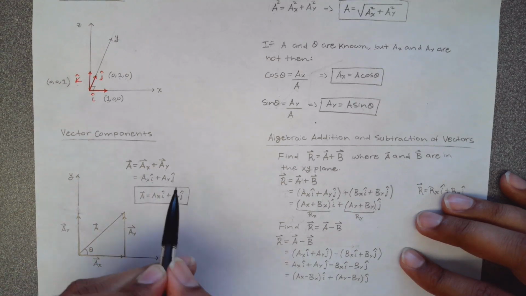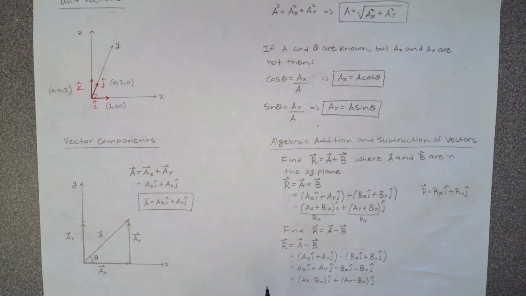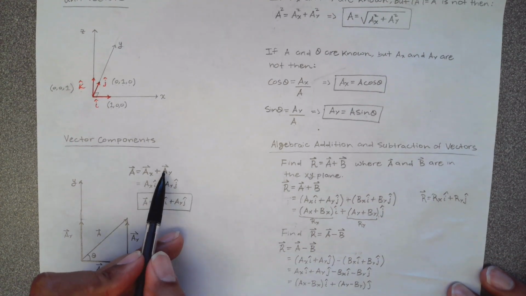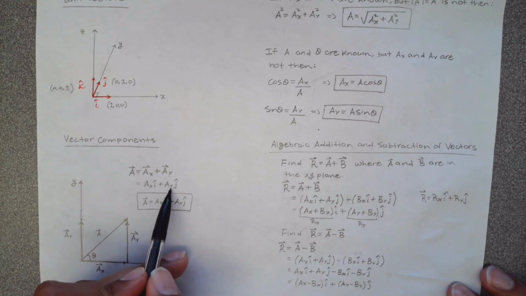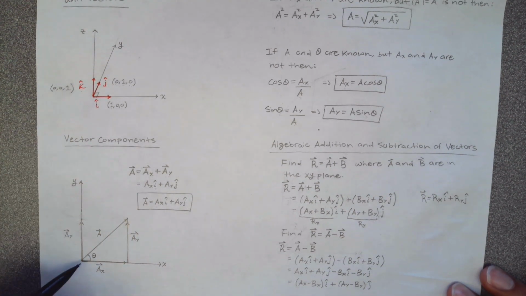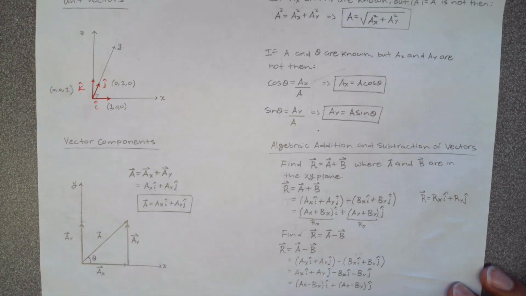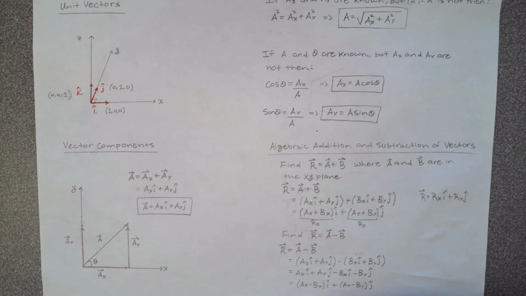Similarly, this vector ay I can write as ay, the length of the vector, times j hat, where j hat is telling me that this vector is along the y direction. So it has a magnitude of ay, and j hat tells me it points along the y direction.